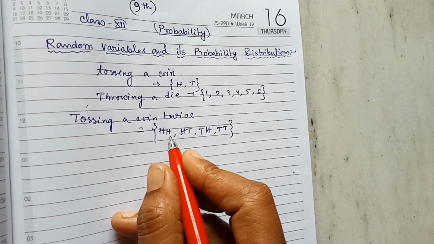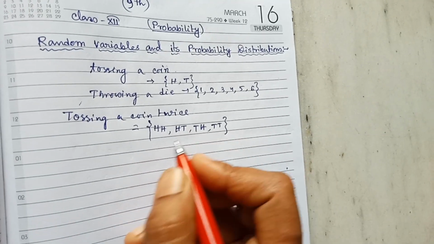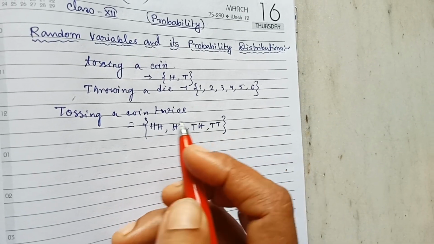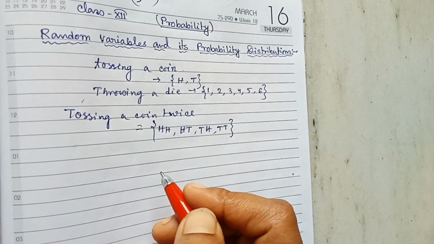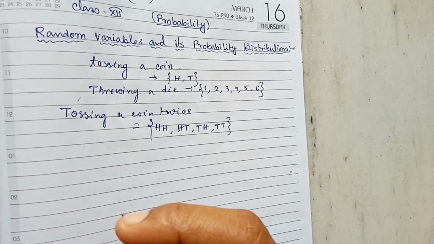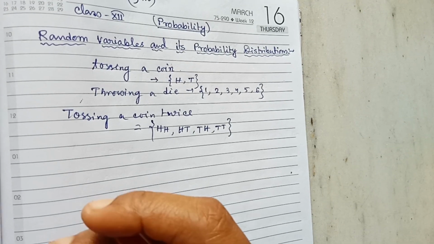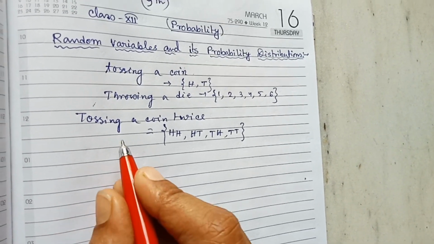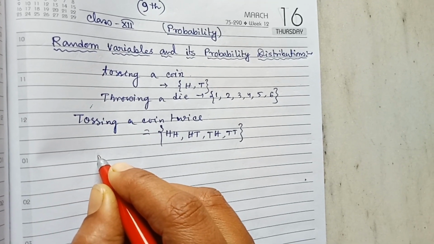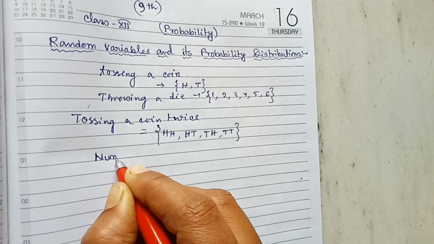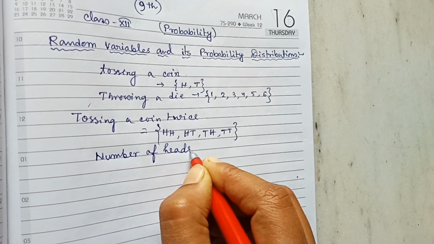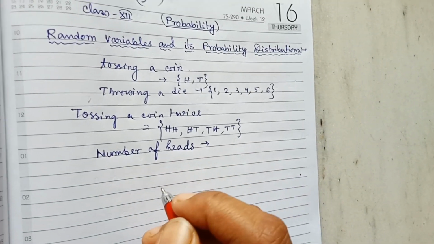Here we will not be looking at those particular events. Rather, we will be looking at these outcomes in a different way, and we will be representing these outcomes by some real number. How? Suppose I'm telling you to find the number of heads in all outcomes.